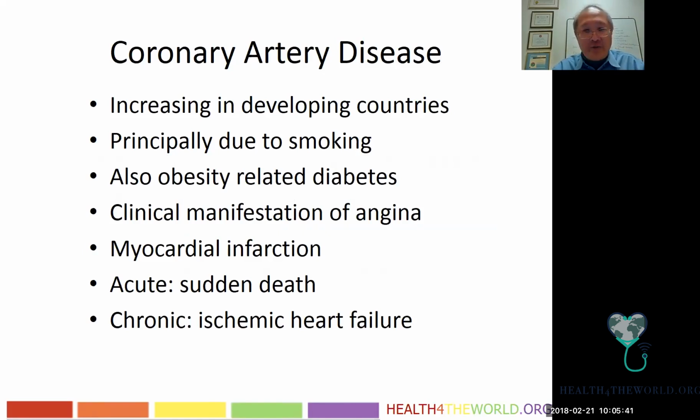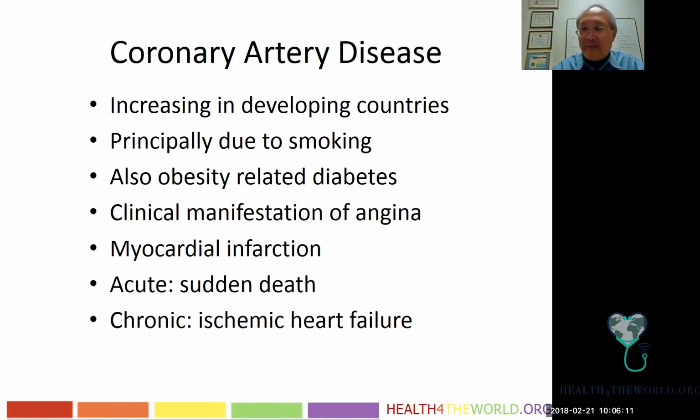Now, as we know from medical school, the prototype manifestation of coronary artery disease is a loss of perfusion to the myocardium, typically resulting in a symptom of angina. When the loss of perfusion is severe enough that there is not enough oxygen or metabolites even to sustain the viability of the myocardium, that part of the heart will undergo infarction. Just like we saw earlier with pulmonary infarction, in this case it is myocardial muscle infarction.